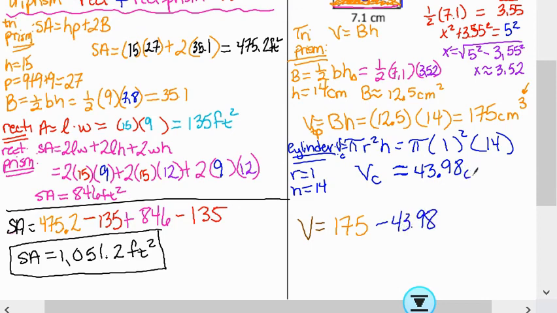That was also cubic centimeters. Okay. And when we subtract that, we get that the total volume is 131.02 cubic centimeters. Again, volume is 3 dimensions, so it's cubic centimeters.